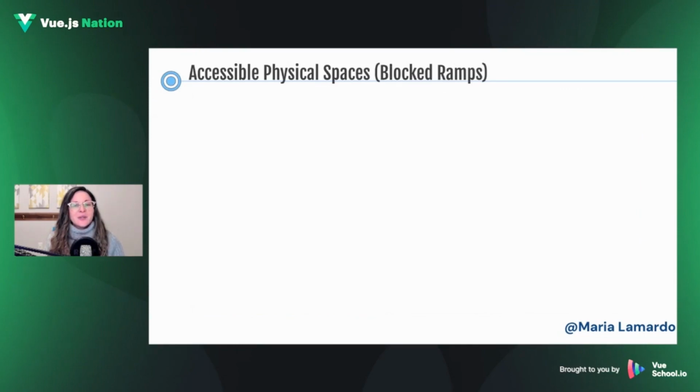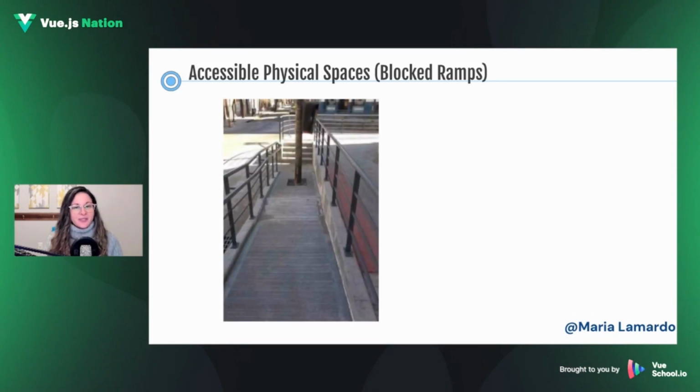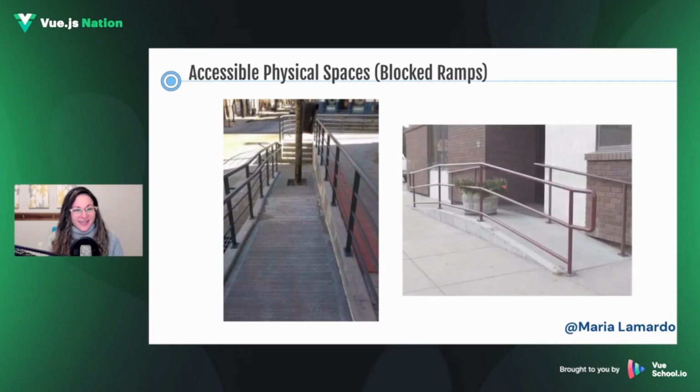Now let's take a look at some accessible ramps that ran into some problems along the way. On the left-hand side, we see a permanent structure that is blocking the ramp. There's a street pole positioned right in the middle of the ramp, blocking its path, which again, somewhere in the implementation of this design, something went wrong. And here we have another example of an object blocking the ramp.